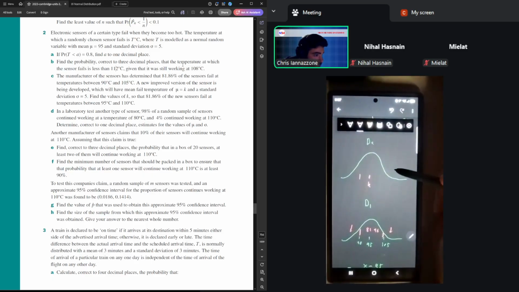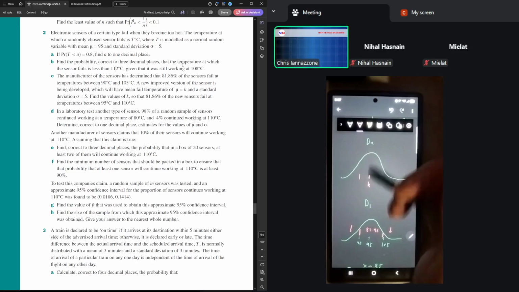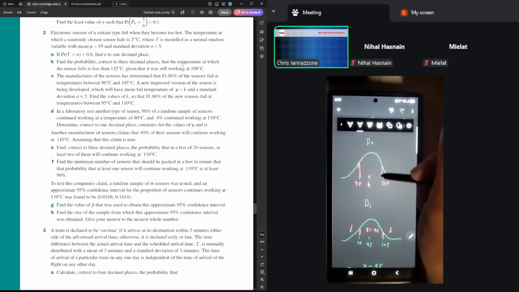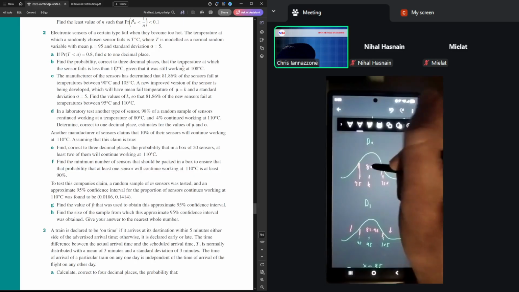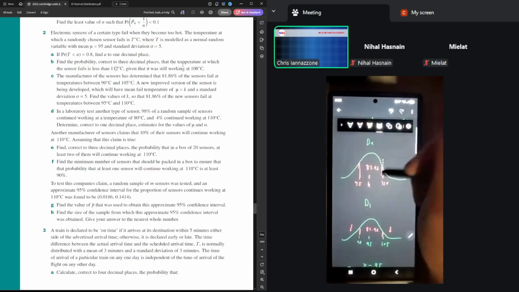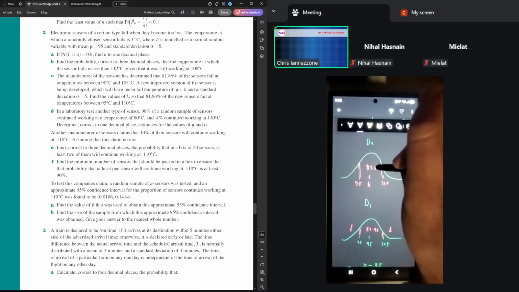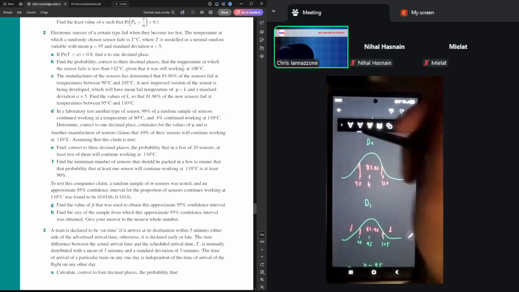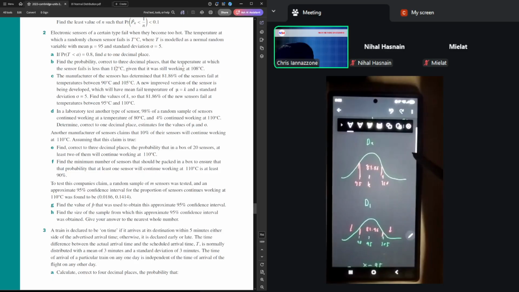We'll have temperatures of 95 and 110. 95, 110. We'll do the same thing here. 81 point, was it 96? 86. And then again the whole simultaneous.